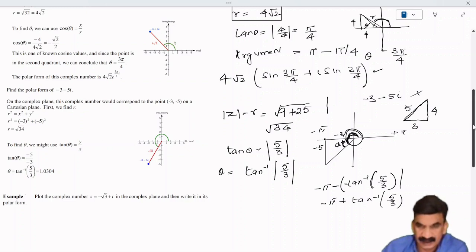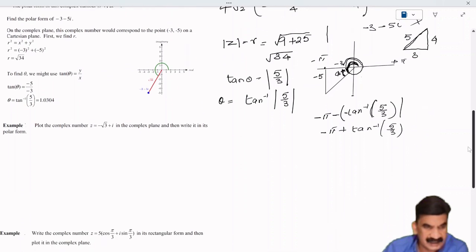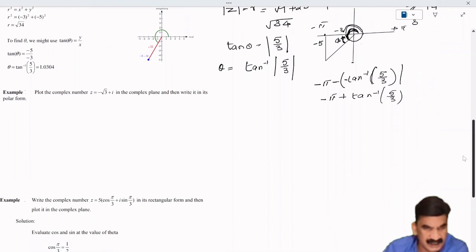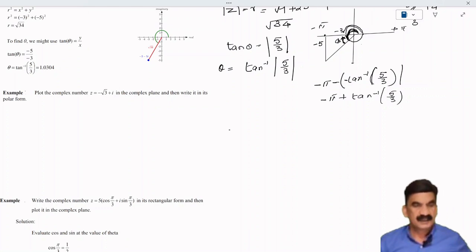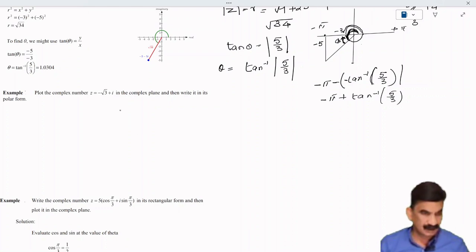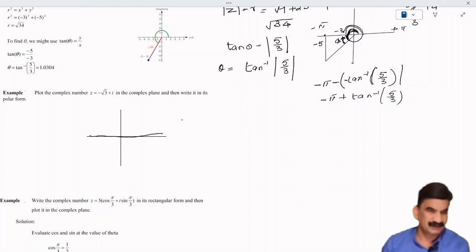right? Okay. And then let's do this problem as well, which is minus root 3 plus i. So let's plot it here. This is a line. Then this is a line. Oh, it didn't do well. Okay, fine. You can accept it. So this is x and this is y.